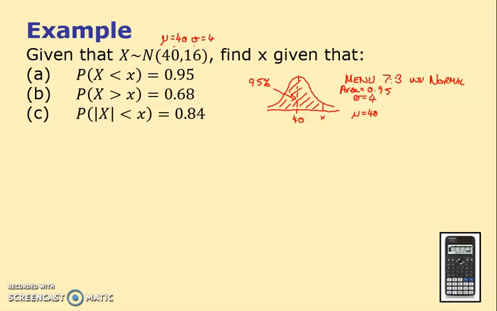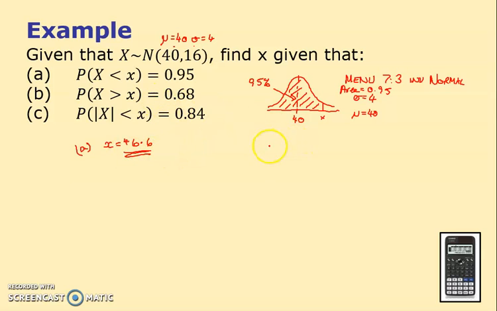So let's do this now. 0.95, sigma is 4, 40. It just tells me my answer. So the first one, I'm just going to write x equals, for part A, 46.6, I'm going to say to 3 significant figures.